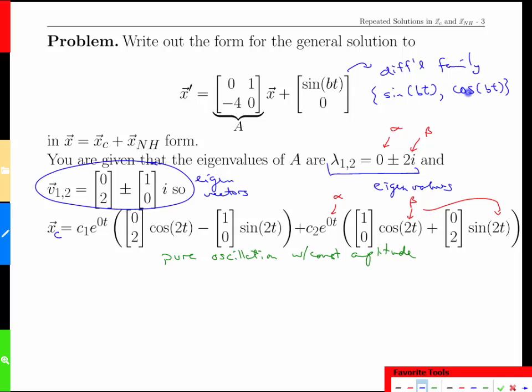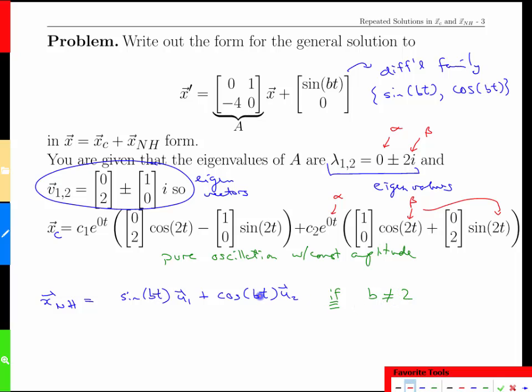So if we have those two in our differential family, what we would get is a non-homogeneous solution that looks like sine of bt times u1 plus cos of bt times u2. And then we would solve for those vectors u1 and u2. However, that's only going to be if that b value is not equal to 2.